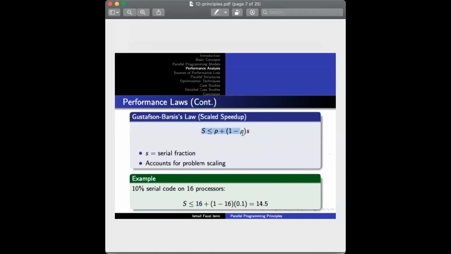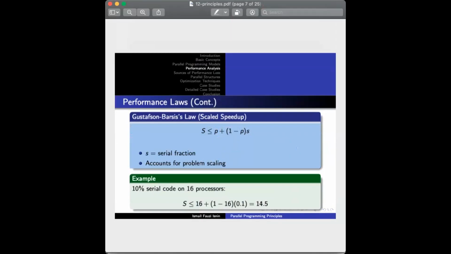Here S represents the serial fraction of our application. This model explicitly accounts for problem scaling because our parallel workloads expand to fill the larger processor grid, so the relative time spent on the static sequential fraction shrinks.